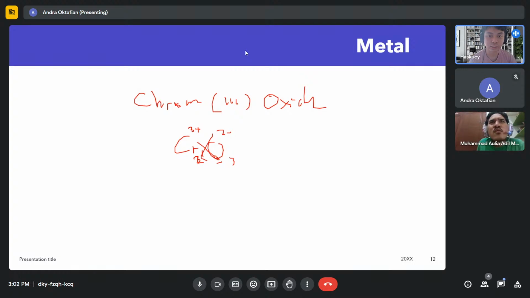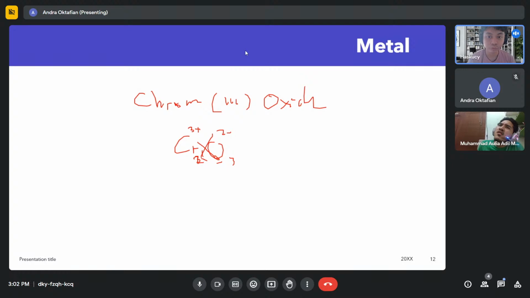Given the oxygen is -2, to make it neutral, the chromium's oxidation state is 3+ and the oxygen is -2, so you want to make sure it becomes neutral by multiplying.